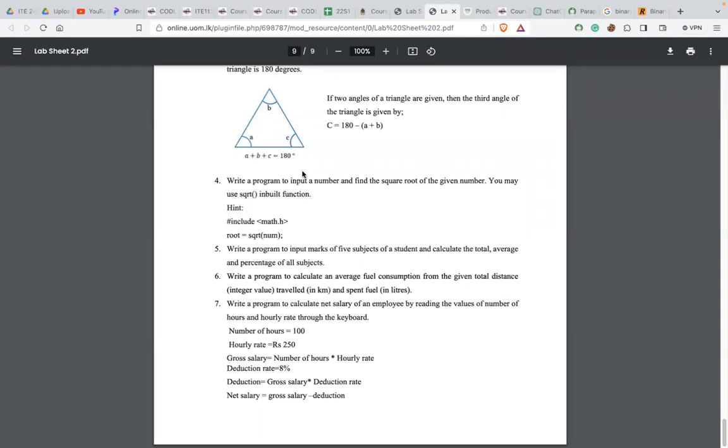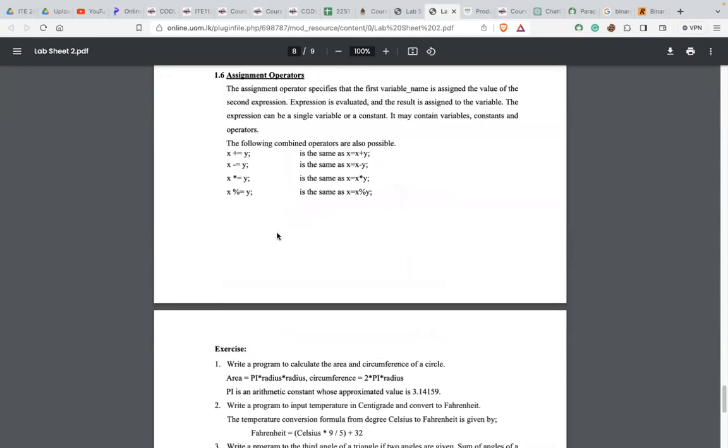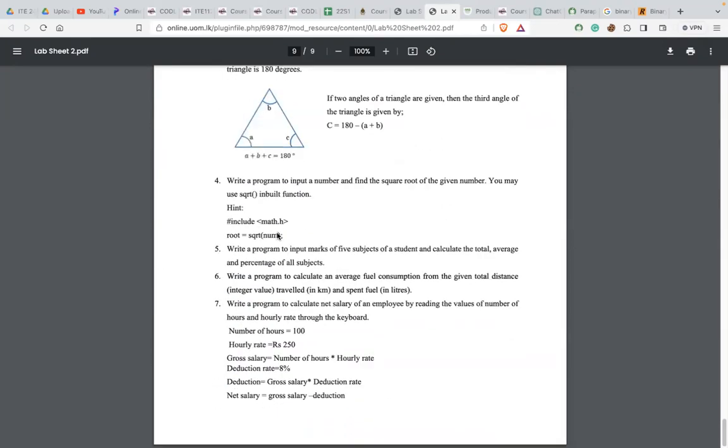Another one: is it okay to take all 5 subjects? Yes, I answered that one live. Okay, any other questions? Otherwise, we can move to today's lab session.